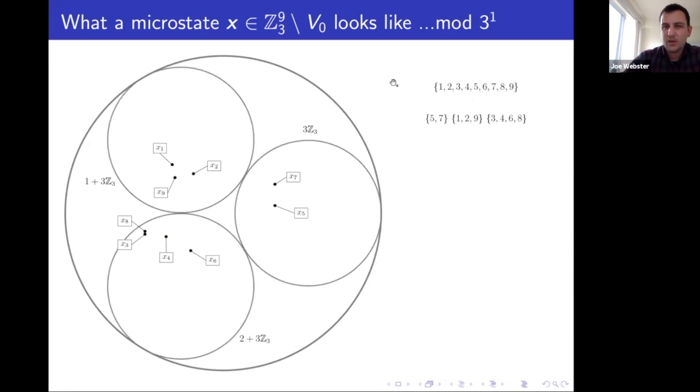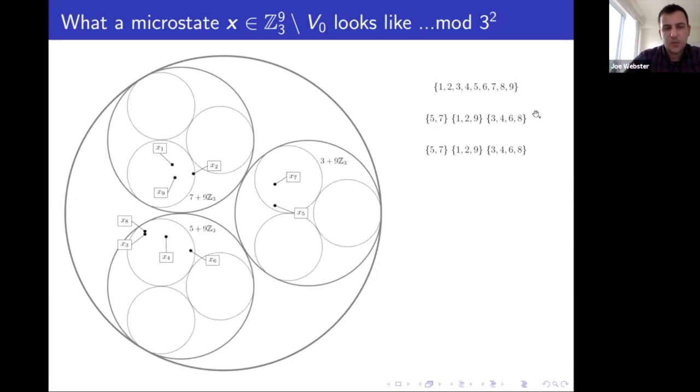Now if I mod out by 3, I can see that some of the particles have split up into groups. So we can see they belong to different cosets of 3Z_3 here. And I have collected their indices according to which cosets they end up in. And we're going to keep repeating this process to get a finer and finer resolution of this microstate.